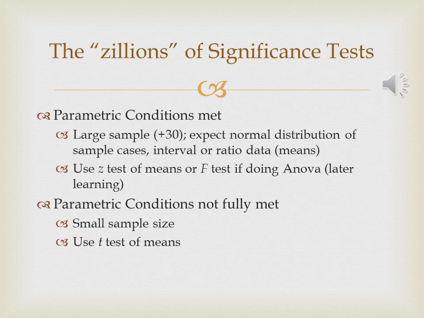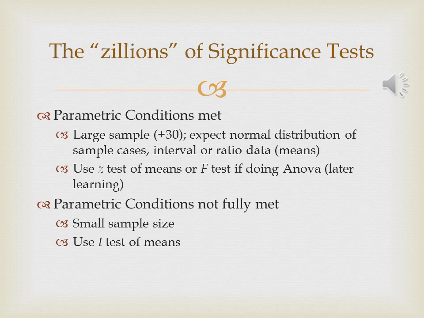One of the things I want to help clarify is this idea that there's probably zillions of different significance tests out there, and you've got to figure out which ones to use. And I think that in helping you understand the difference between parametric and non-parametric conditions helps us determine what kind of significance test to use.